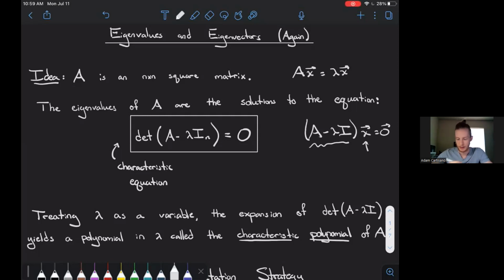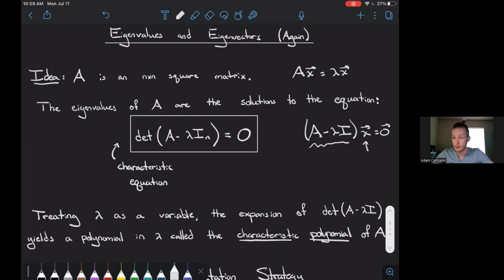But we want to put a natural condition on x. We want it to not be the zero vector itself, because the zero vector will always satisfy this equation for any lambda. That's not really what we're asking. We're asking for non-trivial vectors that still have this property.